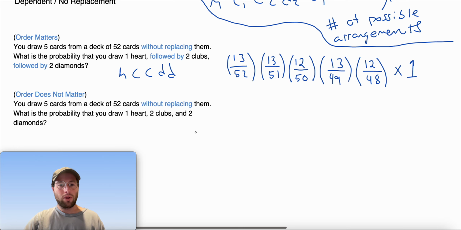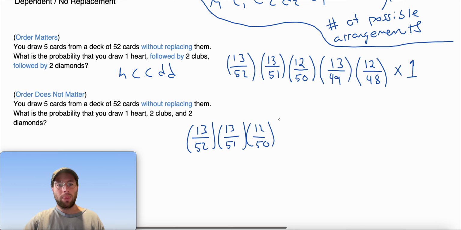So we can go ahead and copy that down. 13 over 52, 13 over 51, 12 over 50, 13 over 49, and 12 over 48.